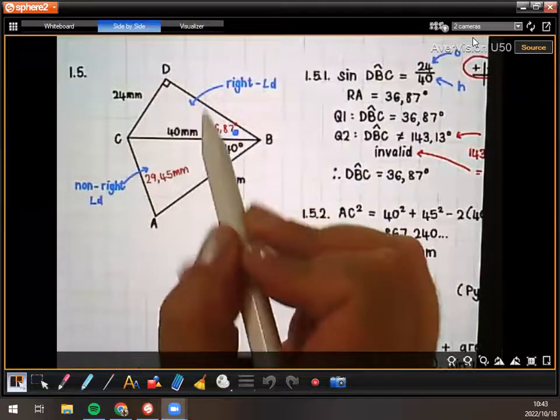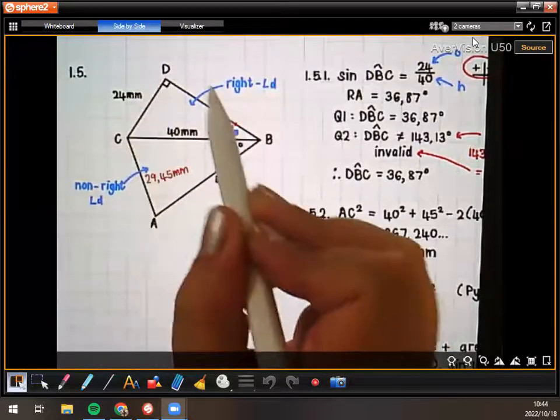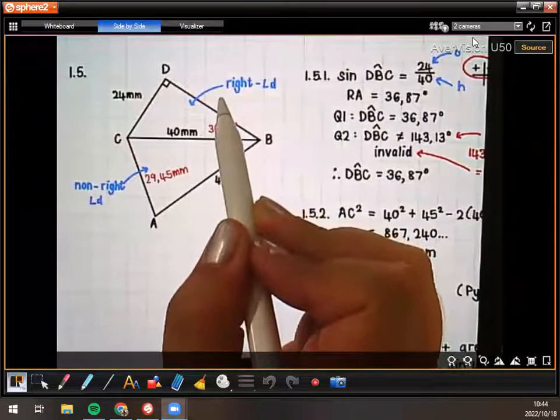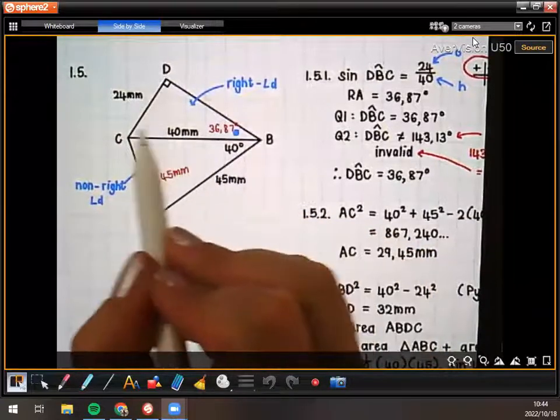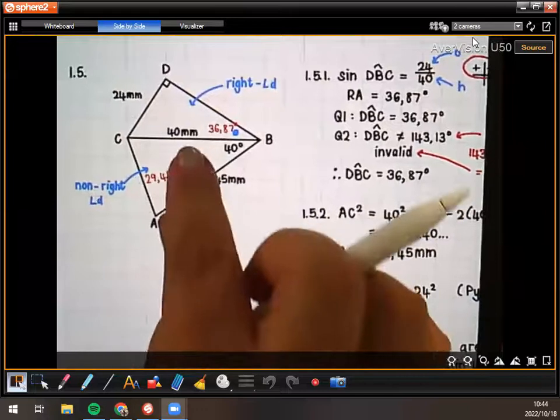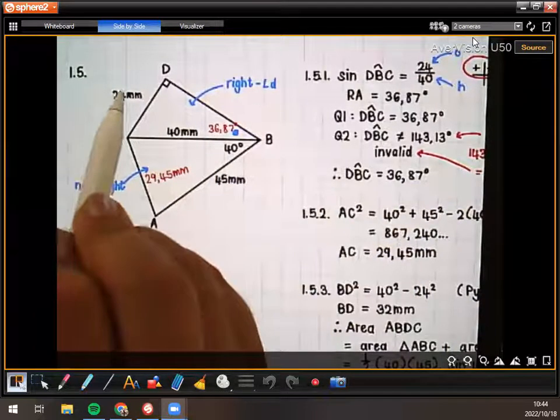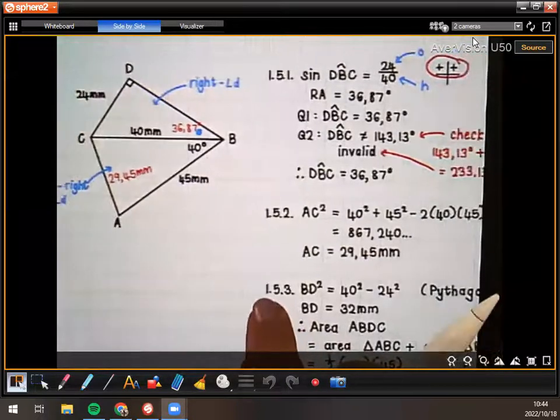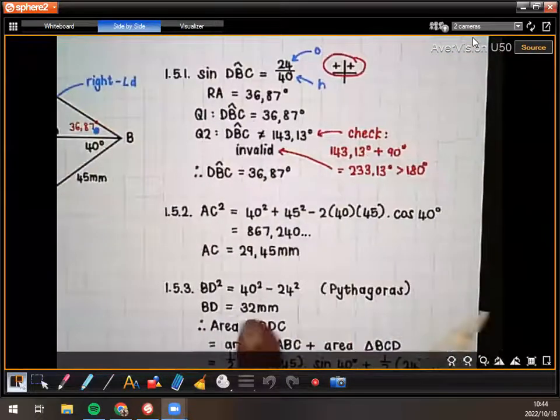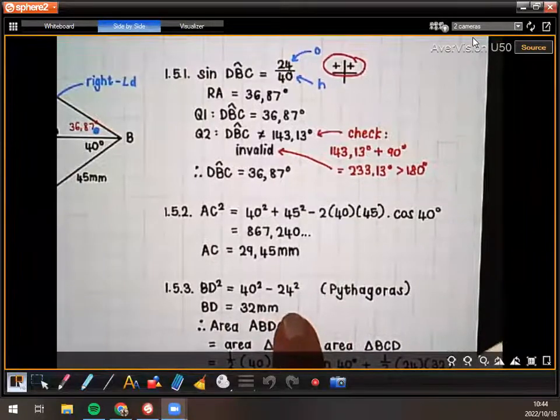This is a right angle triangle. I have 24 and 40. How can I find the third side? Using Pythagoras. So you're going to say 40 squared, because that's the hypotenuse, minus 24 squared. Work that out and then get the square root.